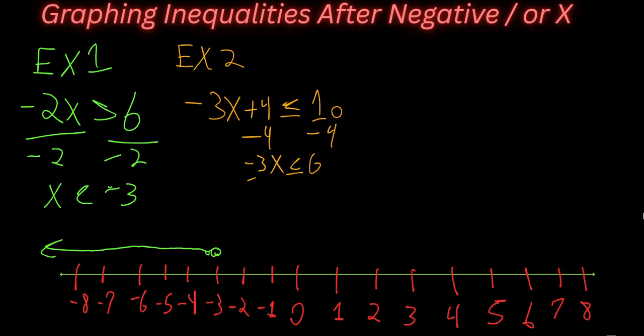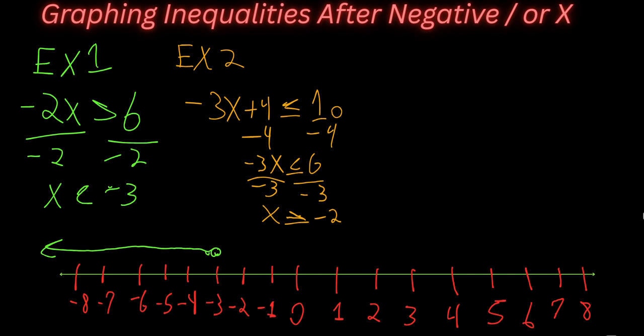We divide both sides by -3, and we find that we must flip the inequality sign. And now x is greater than or equal to -2.